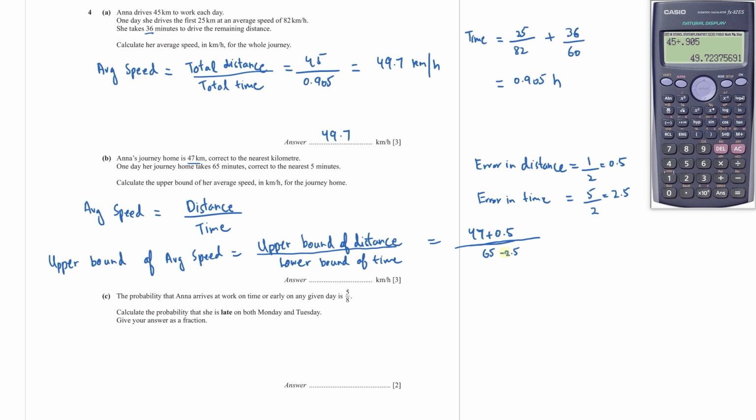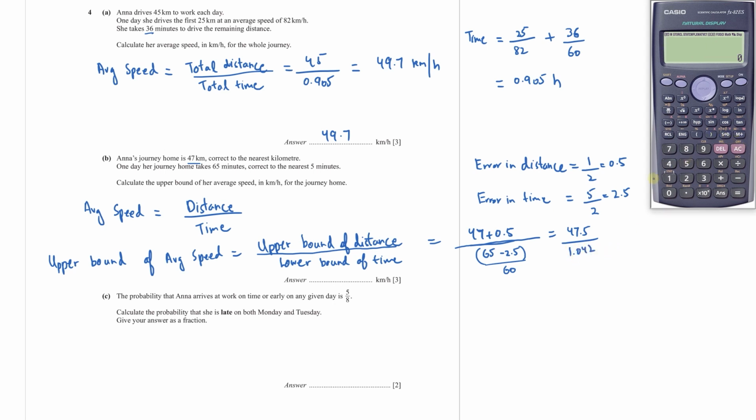Remember, this is in minutes, but average speed is in kilometers per hour. You have kilometers in the numerator, which is fine, but the time is in minutes. So to convert this time into hours, I will divide by 60. Now I get 47.5 in the numerator, and in the denominator, 65 minus 2.5 divided by 60 gives 1.042 hours.